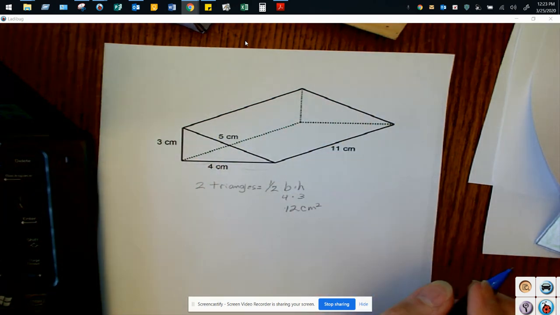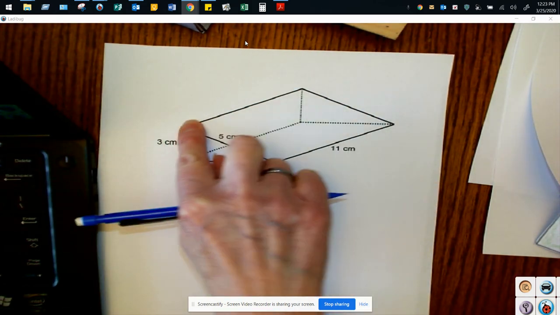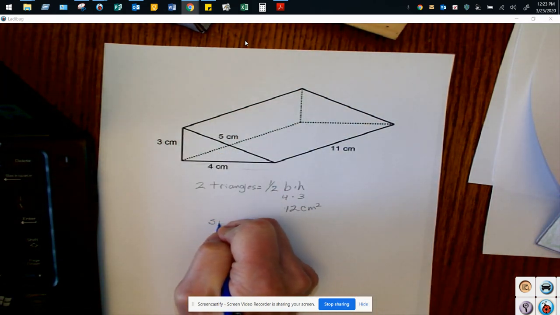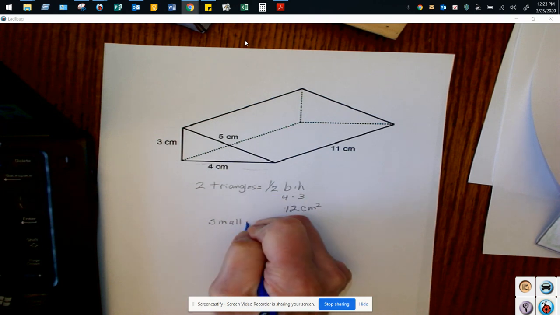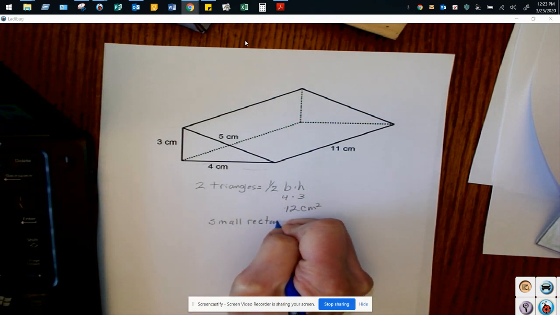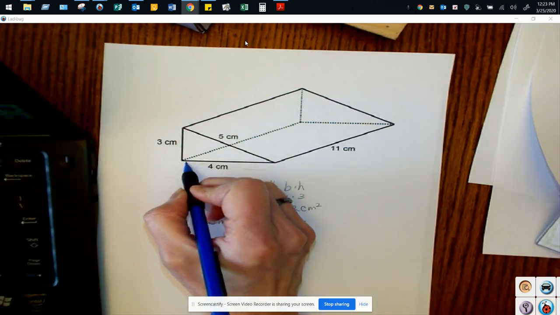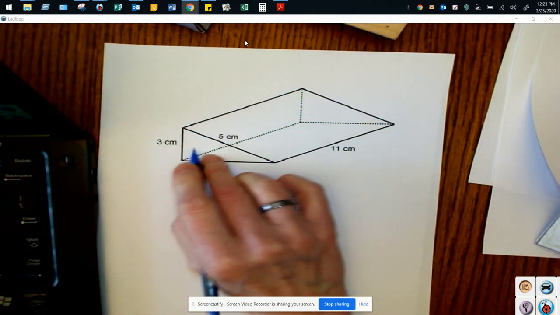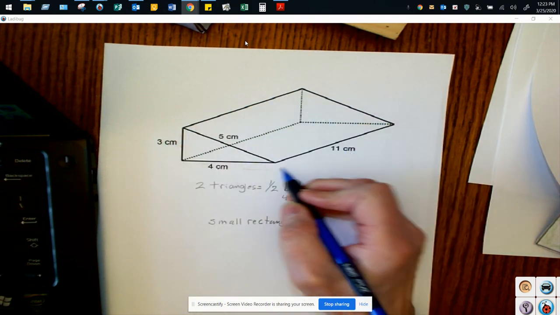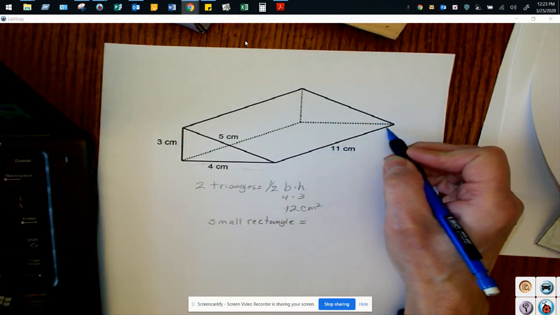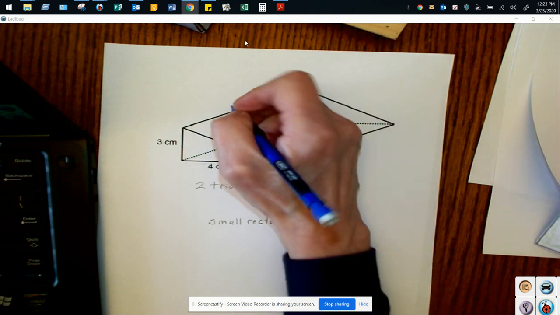Now I've got 3 rectangles I've got to figure out. I've got this small rectangle here, and I label everything when I'm doing this so I can keep track of where I'm at. That small rectangle is a 3. And now I've got to figure out how long this is. So I'm going to look over here. This side and this side have got to be the same.